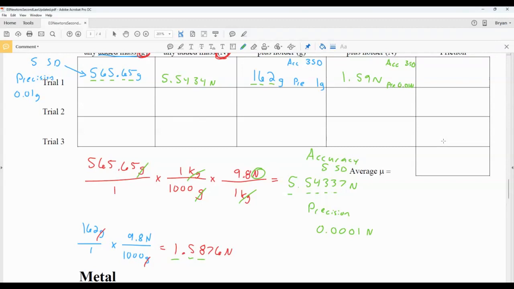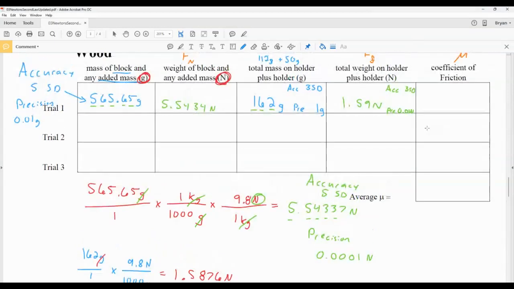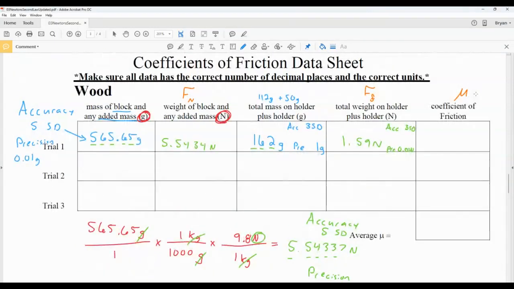Okay, and actually, we have all of the information necessary to go back and find a mu value. So from our formula on the previous page, mu was the force of friction divided by the normal force.